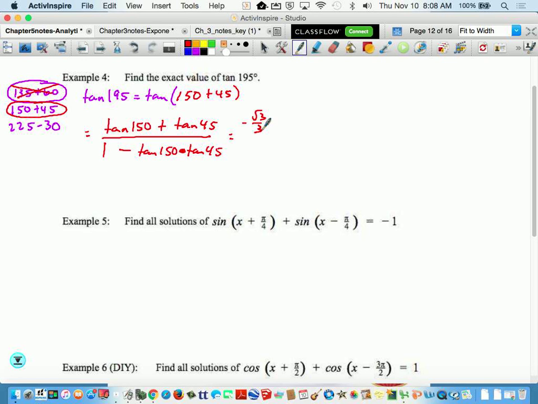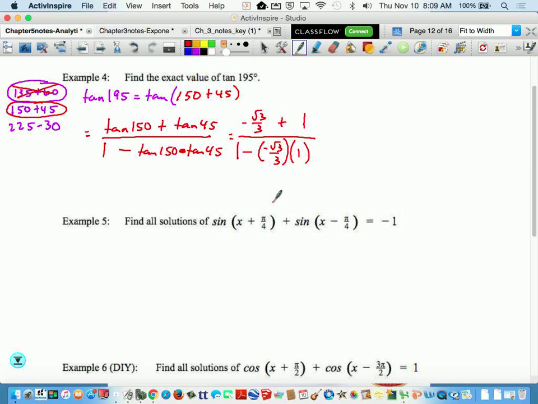What's the tangent of 45? 1. Plus 1. Then you go 1 minus negative root 3 over 3 times 1. So you fill in all your tangents.